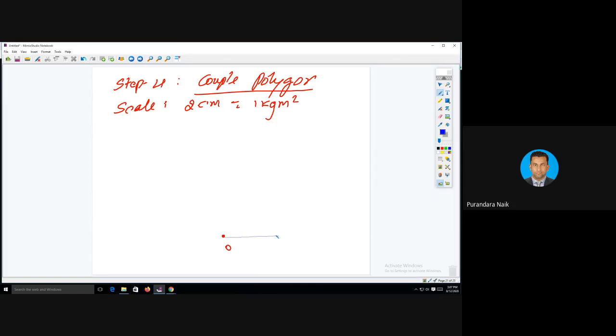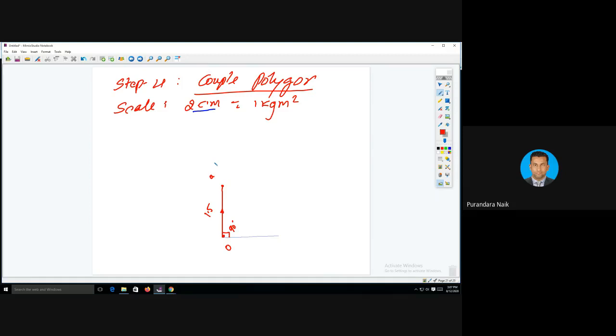Now, C is inclined at an angle of 90 degree, but the length is 1.5 double. So 1.5 double means it is 3. Measure 3 centimeter. This is 1.5 and angle is 90 degree with the reference plane. Reference plane is nothing but the reference angle, 0 positive axis. This is O. Sorry, A.